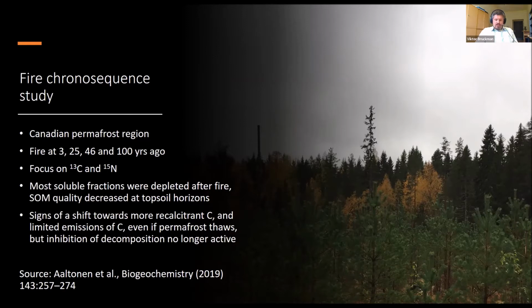The carbon emissions consequently from the mineral permafrost soils could be limited.